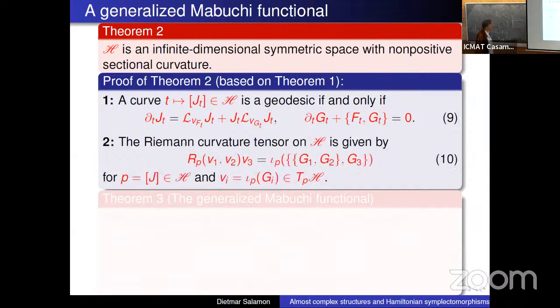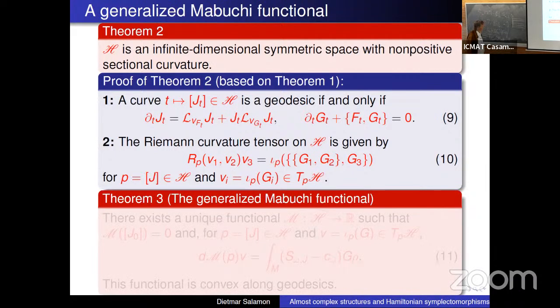And then one gets a formula for the Riemann curvature tensor that's very similar to what one gets on the Lie group Ham of M omega itself, namely the triple Lie bracket is the curvature tensor, only that in this case there's no minus sign, and that means that the sectional curvature is negative. Of the plane spanned by V1 and V2, one gets minus the integral of the L2 norm squared of the Poisson bracket of G1 and G2, which should correspond to these vectors V1 and V2.